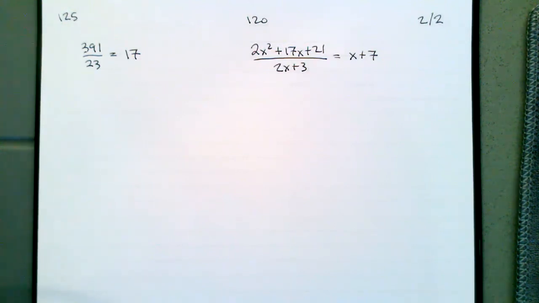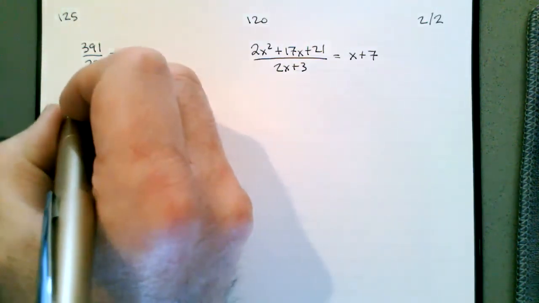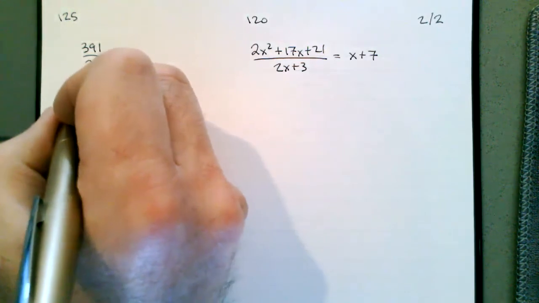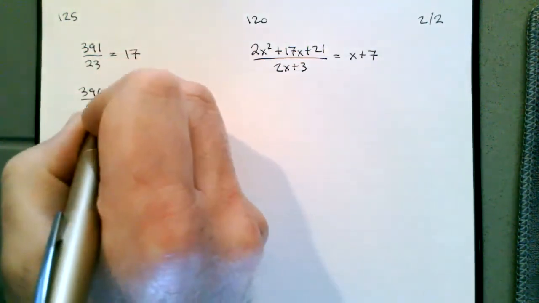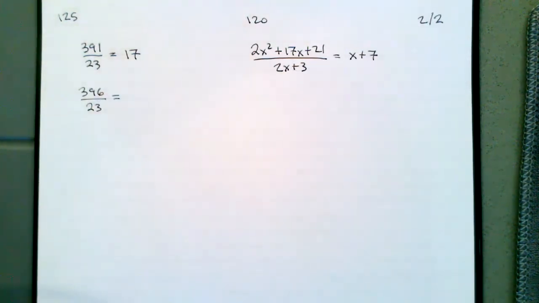So I'm going to change my 391, and I'm just going to add 5. So I'm going to do 391 plus 5. I'm going to put 396 divided by 23. So what if it's something that we know is not going to work? 396 divided by 23.